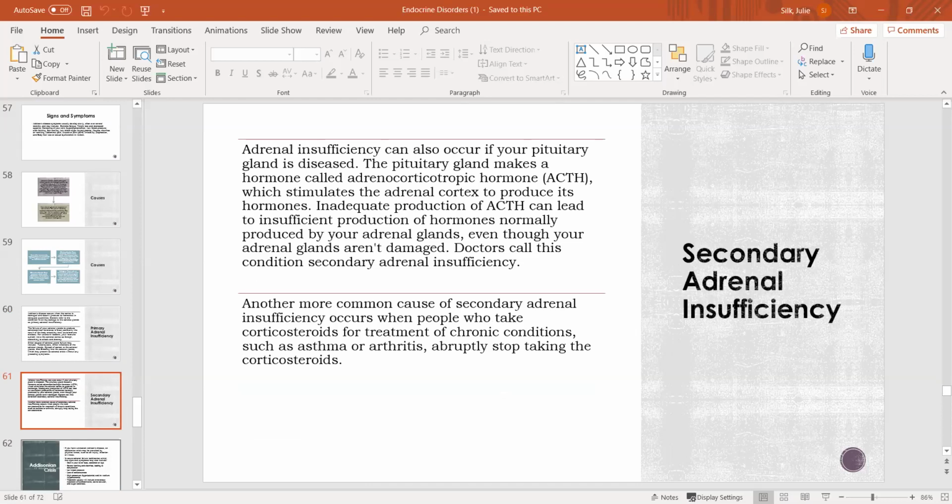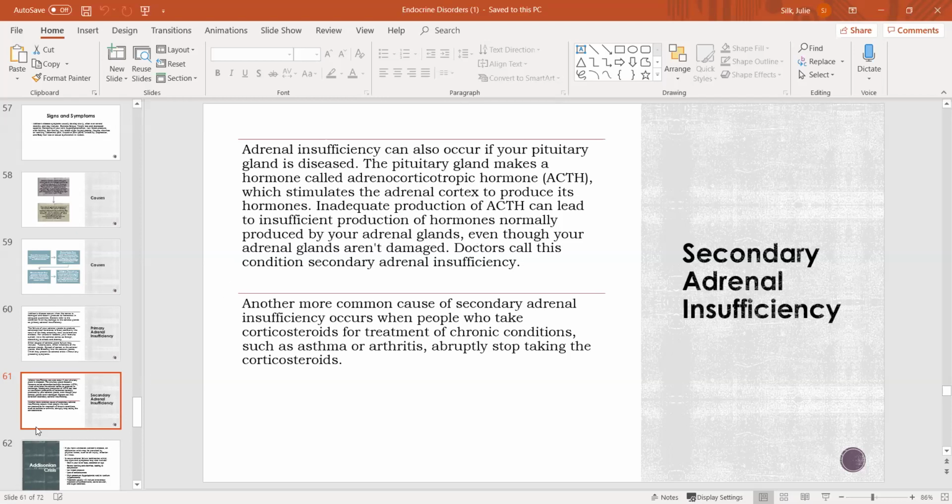Secondary adrenal insufficiency can occur if your pituitary gland is diseased. So now it's the pituitary gland. This gland makes a hormone called adrenocorticotropic hormone, ACTH. This stimulates the adrenal cortex to produce hormones, and this can lead to insufficient production of those hormones produced by the adrenal gland.